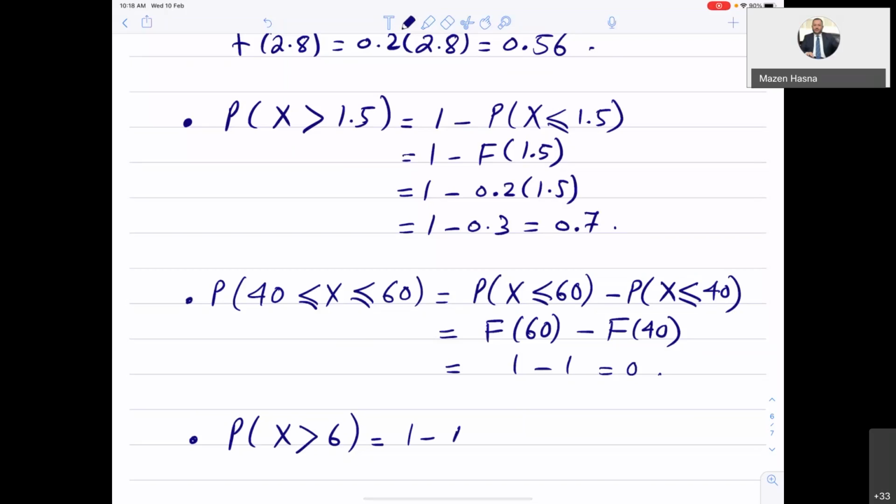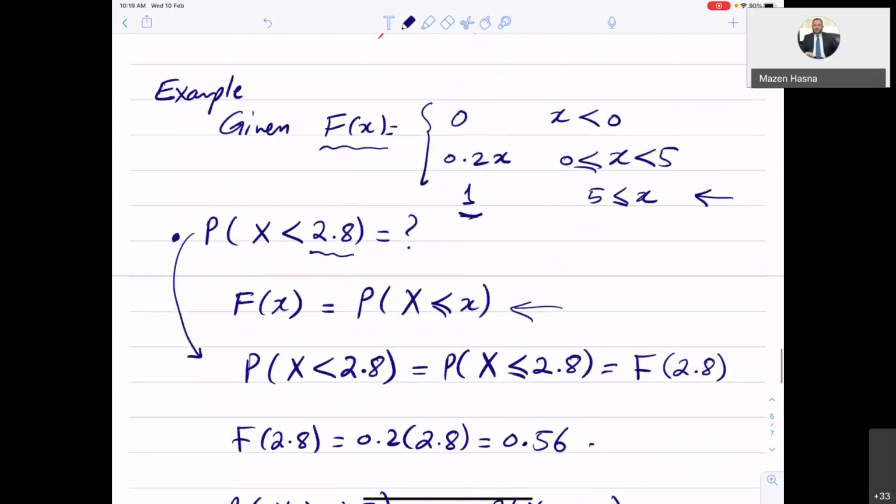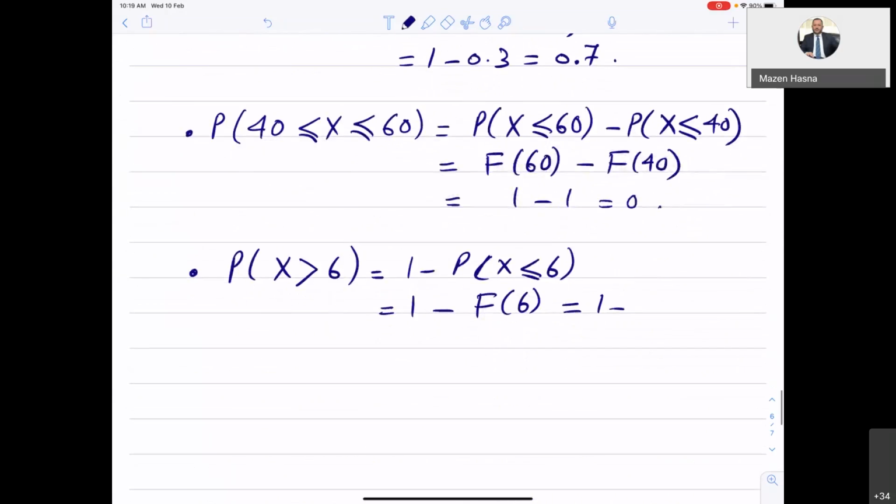So this is 1 minus the probability of x less than or equal to 6, right? This is the complement. So this is 1 minus F of 6. What's capital F of 6? Again, 6 is greater than 5, so the value of F of x is 1. So 1 minus 1, which is 0.